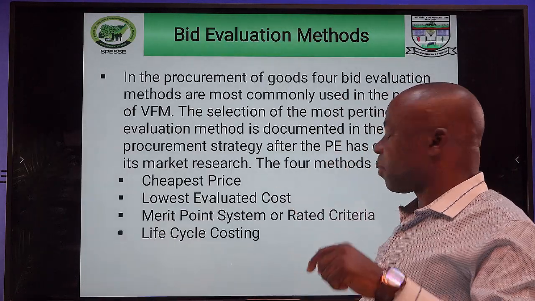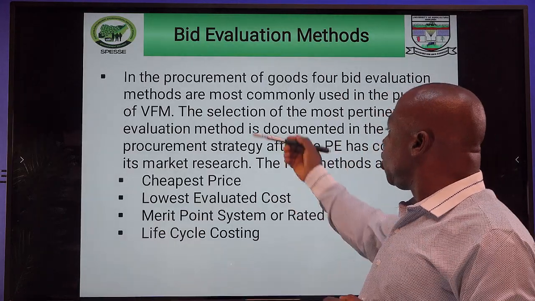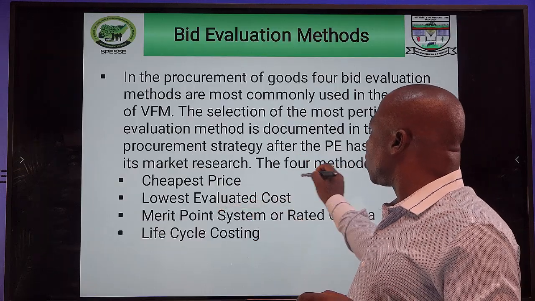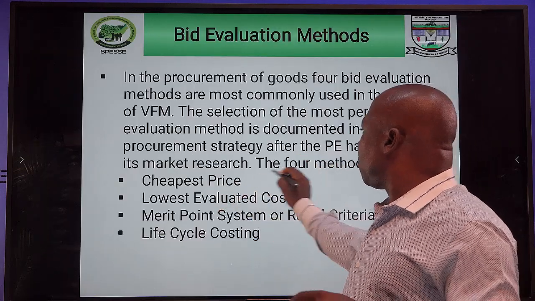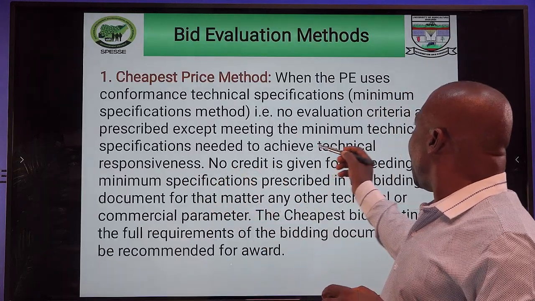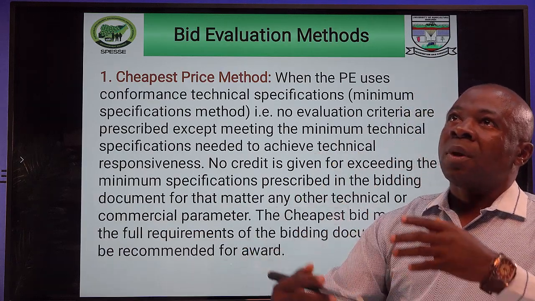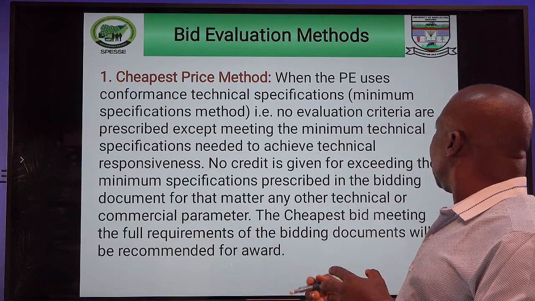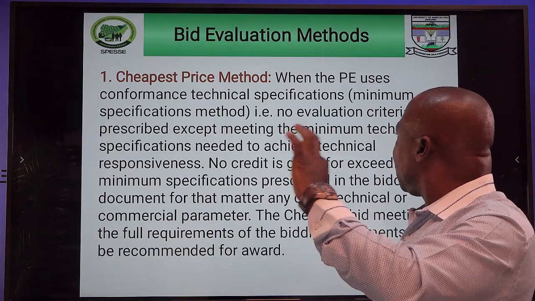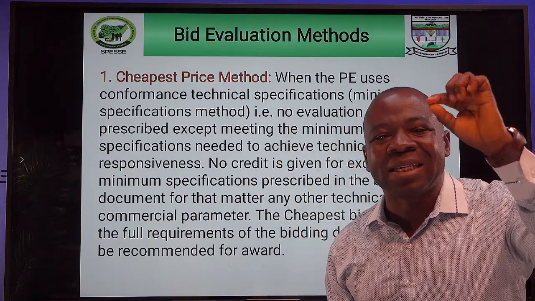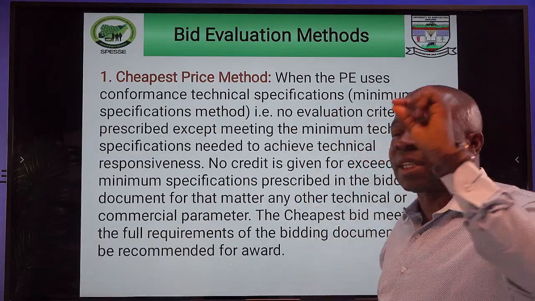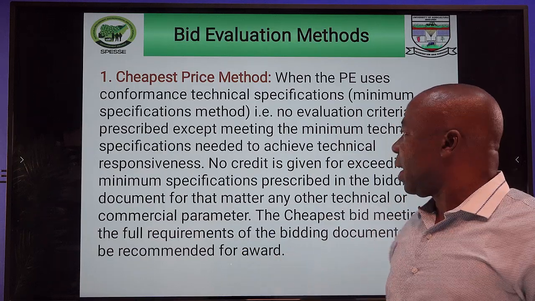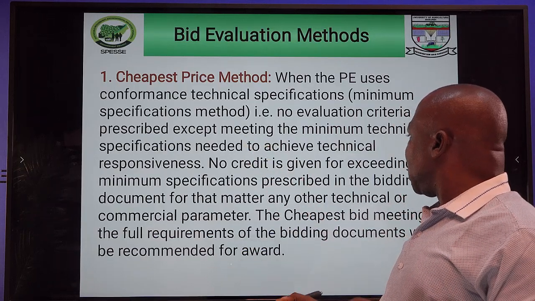The conditions for the use of each of these are also spelled out clearly. For cheapest price, basically where you know that the call for tenders prescribed that the evaluation criteria is going to be basically on meeting technical specifications, the minimum technical specifications. That is where the cheapest price method is used.